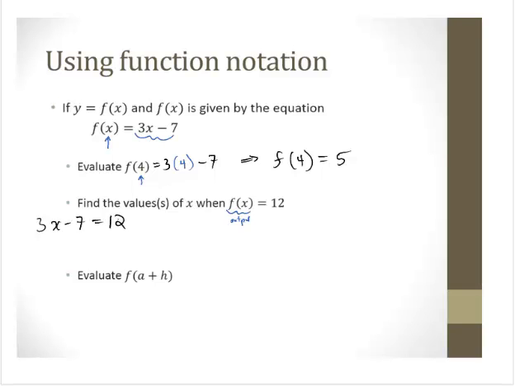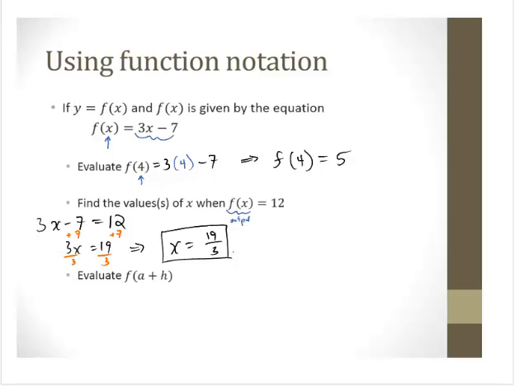We know how to solve this. We add 7 to both sides, and 3x equals 19. And we divide through by 3. That implies then that x is 19 thirds. So when x is 19 thirds, the output is 12.